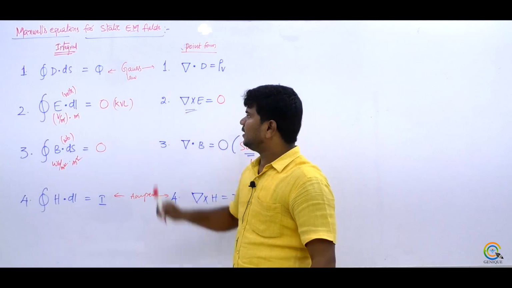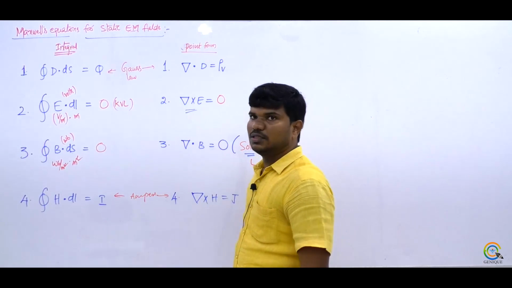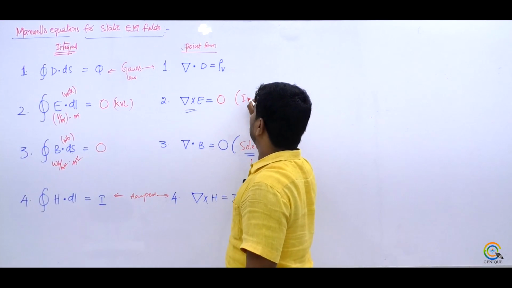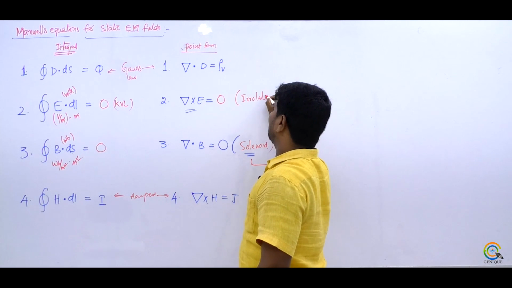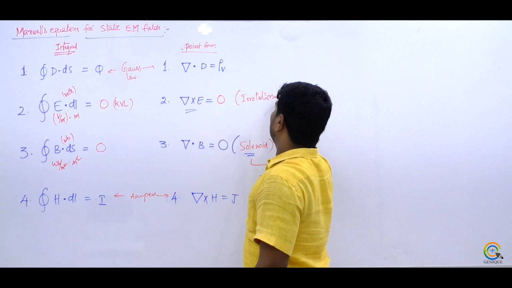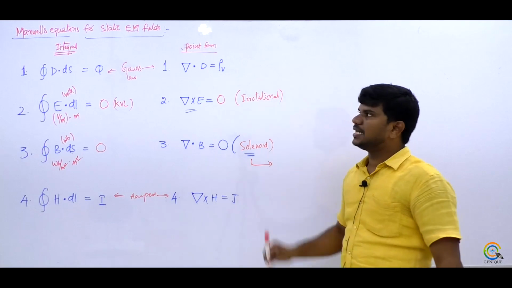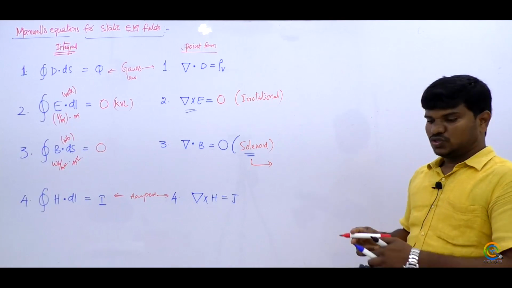This is saying that it is the KVL. This is called irrotational. The electric field lines are irrotational, or it is also called conservative. These are solenoidal.